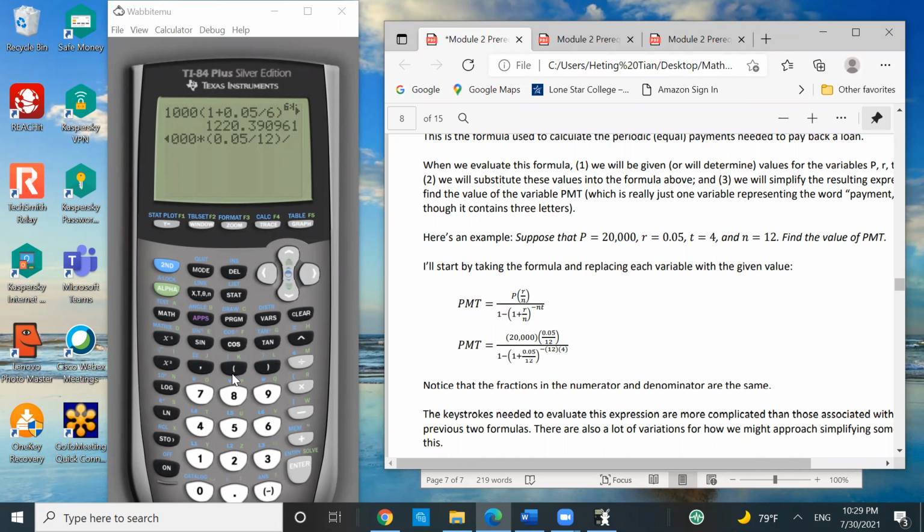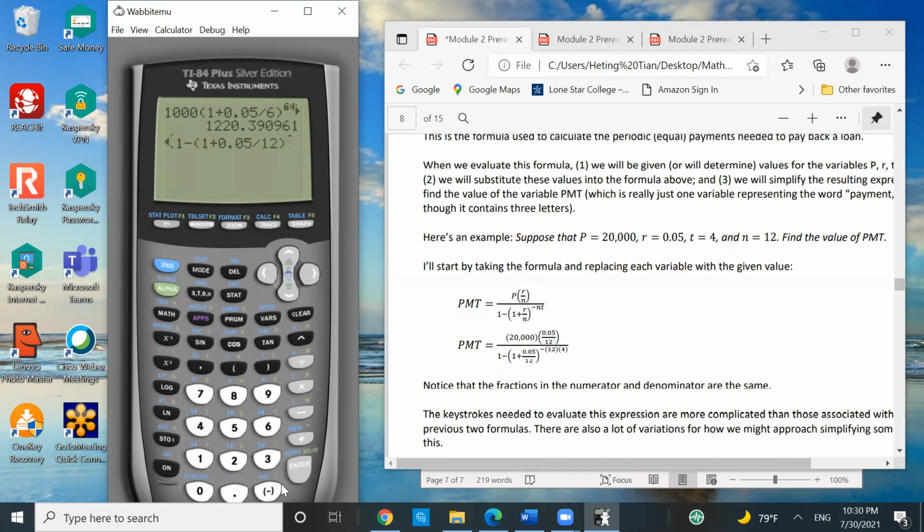So left parentheses 1, subtract another parentheses 1 plus 0.05 divided by 12, and then close the parentheses to the negative.